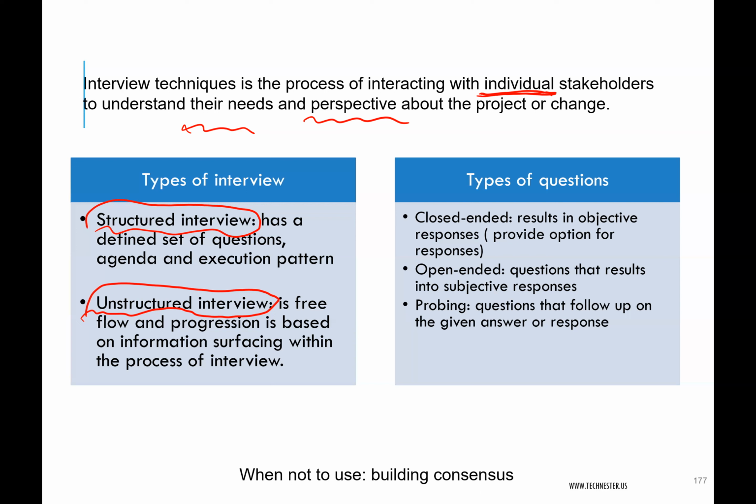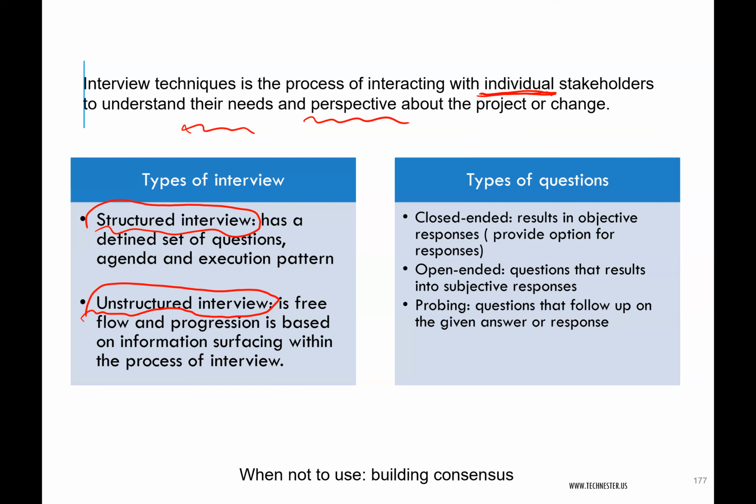Then there are types of questions you can ask in an interview, and we'll look at 3 types. Closed-ended questions. Those are questions that can have yes or no answers, or questions that can have 1 or 2 answers, right? So it can be either this or that.